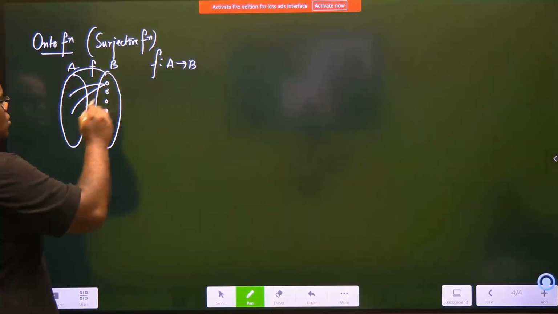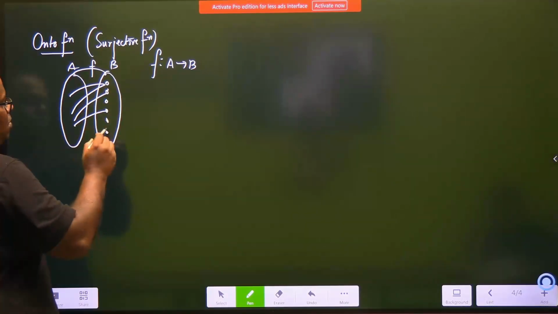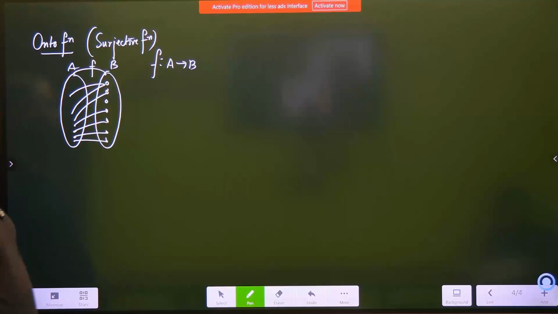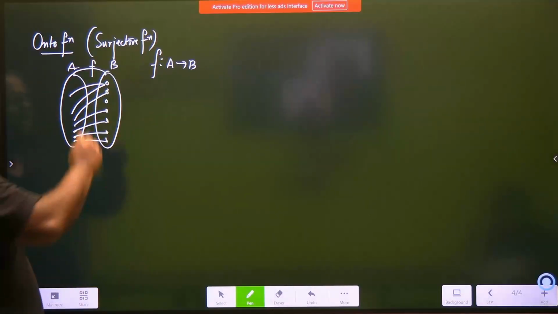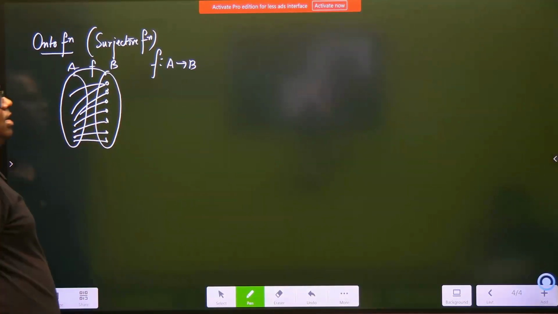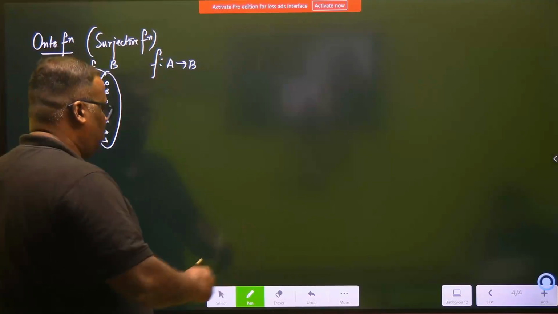This also has to have a mapping. This also has to have a mapping. This also has to have a mapping. The codomain is completely used up. Remember that in a surjective function you say the codomain. So we will first write the crude language.